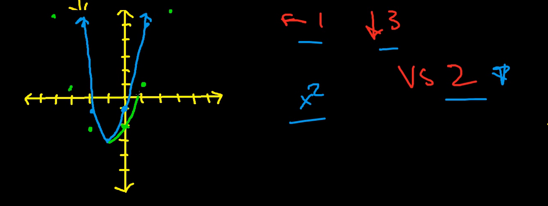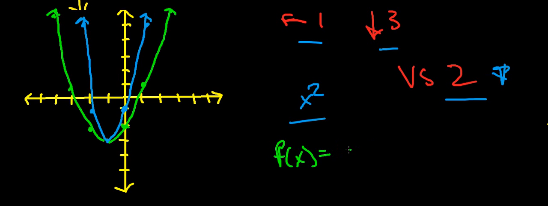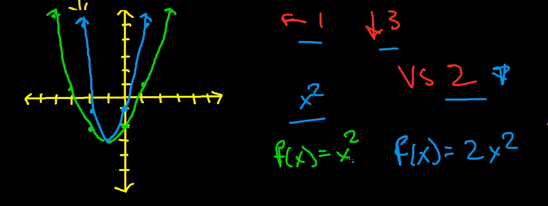So you can see that this original function increases more slowly than our other function. Let me rewrite it.